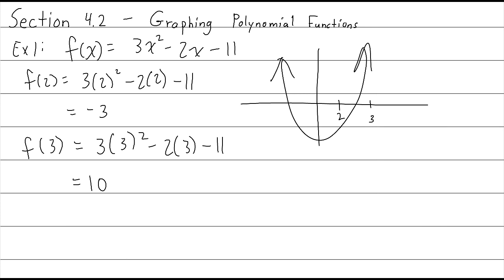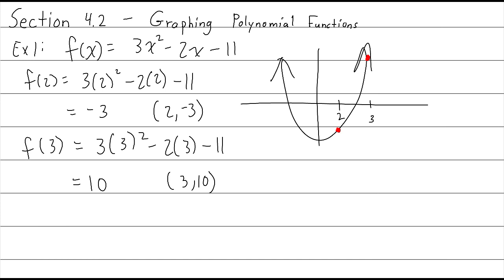And so what does that mean, right? That means that this is 2 comma -3, and this is 3 comma 10. So I know that 2 comma -3 is a point on that graph, and 3 comma 10 is a point on that graph.